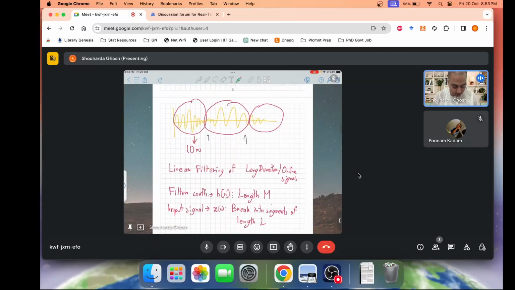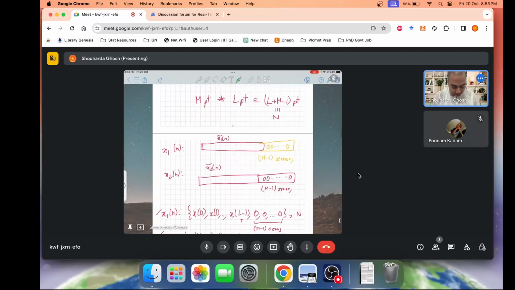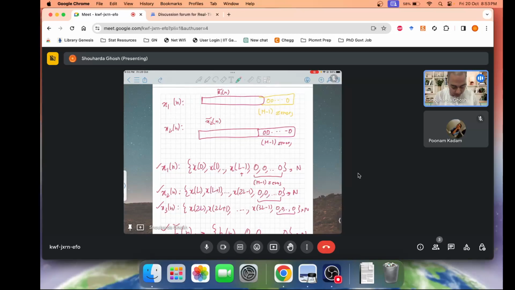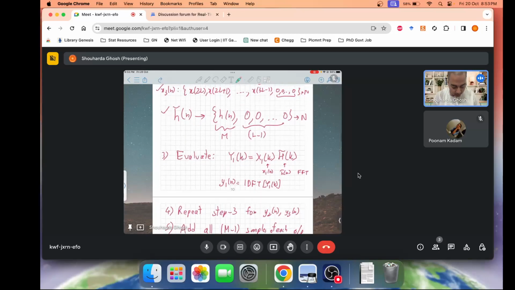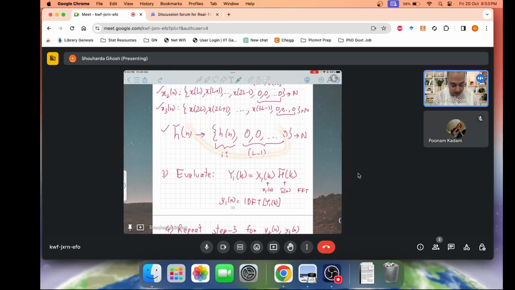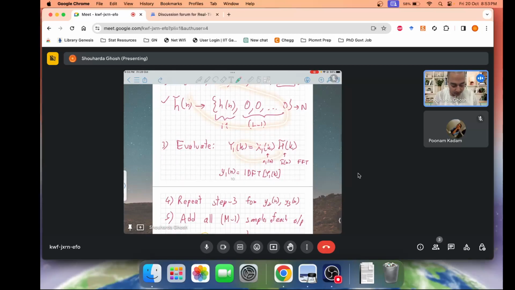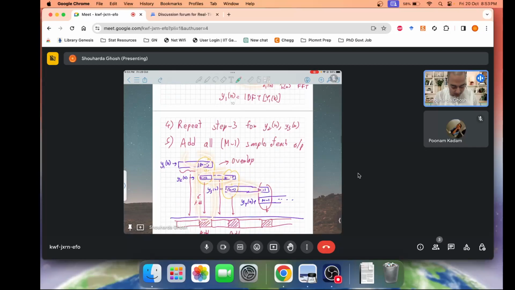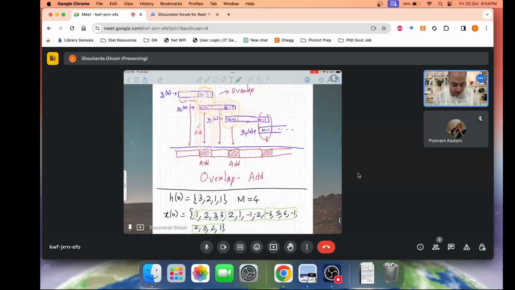See, you need to break them into 10 millisecond chunks, and then for each of them there's an algorithm. You need to append zeros, then in the filter also you need to append zeros, and then evaluate the product. You need to keep on doing this for multiple such chunks, and then finally you need to add an overlap. See, the previous chunk and the next chunk have an overlap between them, and this overlap has to be added. This is the overlap add.